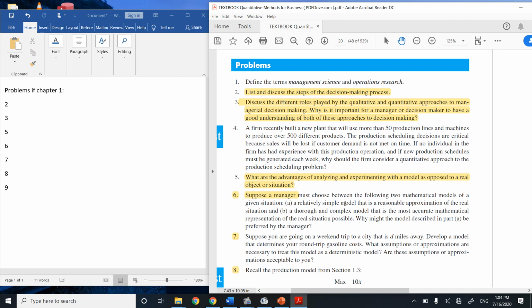That's why sometimes the decision makers or the top managers prefer a simple model to a complex model, although complex models can be more accurate in terms of estimation.